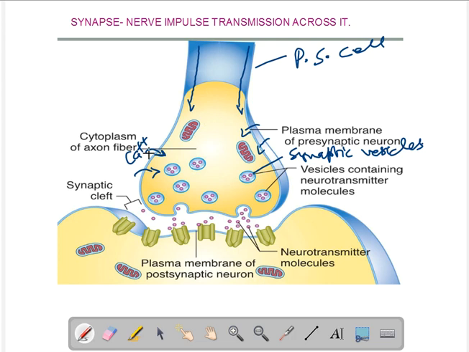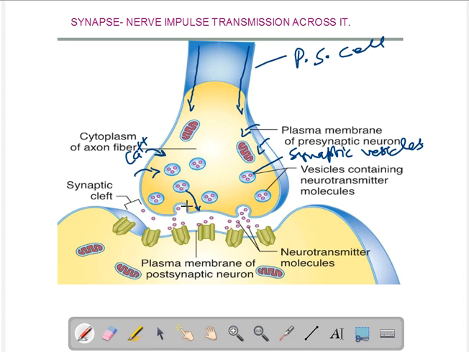Now these synaptic vesicles are activated by the presence of calcium ions, and under the effect of calcium ions, they start to move towards the membrane close to the synaptic cleft. So they move here, and then these vesicles fuse.